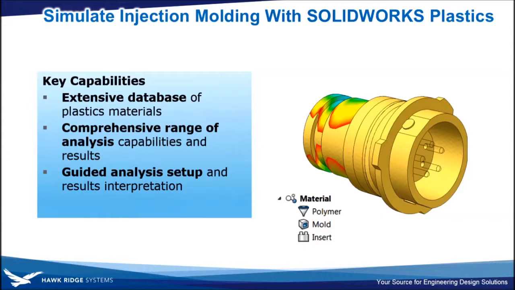And we can do this not just for simple parts, but for more complex types of injection molding such as co-injection of multiple materials, insert overmolding, different kinds of materials like thermosets or rubbery materials. And because this is all integrated into SOLIDWORKS, it's pretty easy to learn, and it also makes it as convenient as possible for checking the effect of these design changes that you're probably already making in SOLIDWORKS.